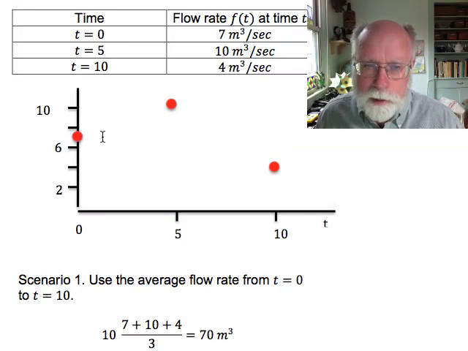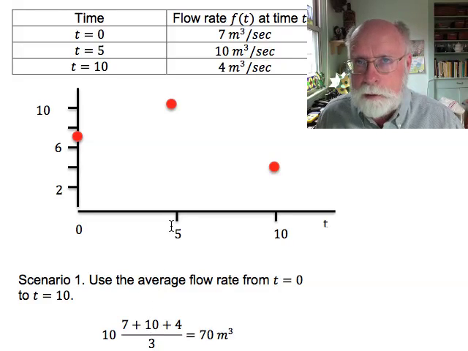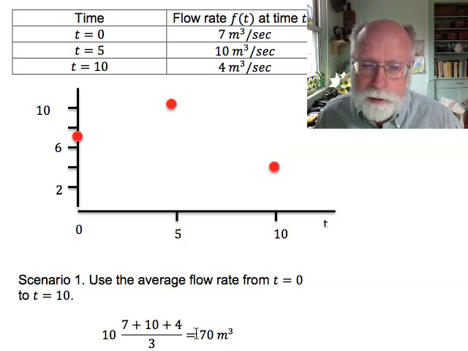So we take 7 plus 10 plus 4, divide by 3, and we treat that as the average flow rate, and we suppose that's a good approximation to what happened during those 10 seconds. We suppose that's what happens in each second, multiply by 10 seconds, and that gives us a total flow of 70 cubic meters. That's an approximate value that we get by averaging all the flow rates.